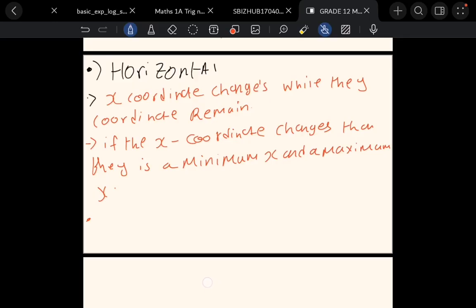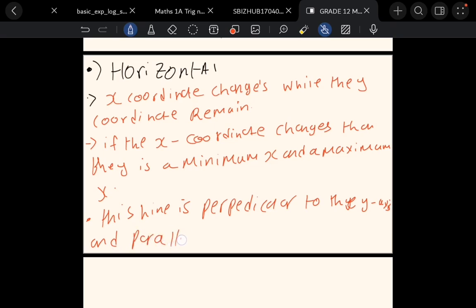It means this line is perpendicular to the y-axis and parallel to the x-axis.